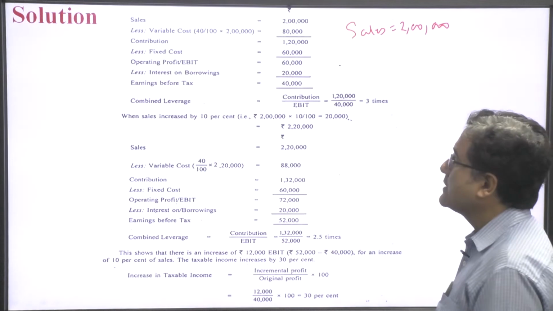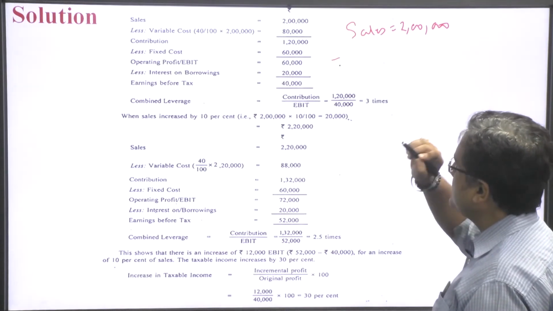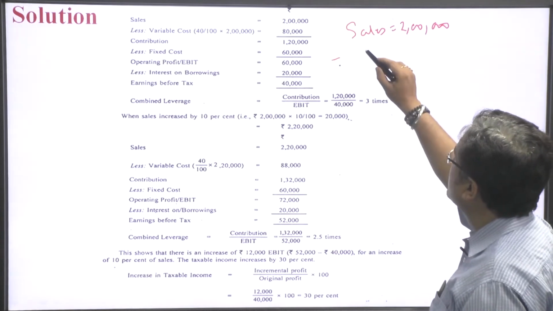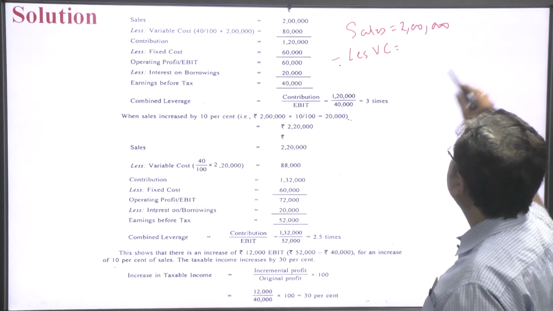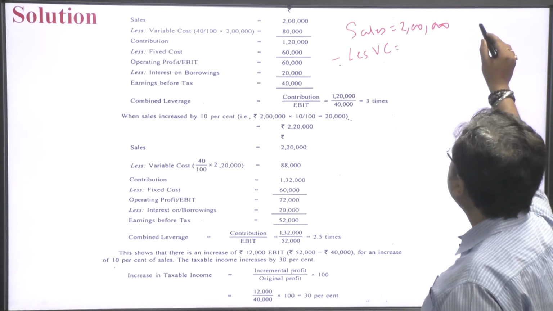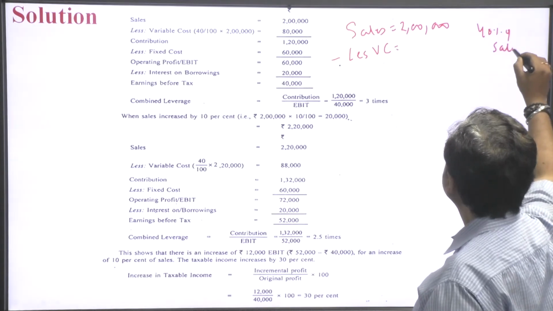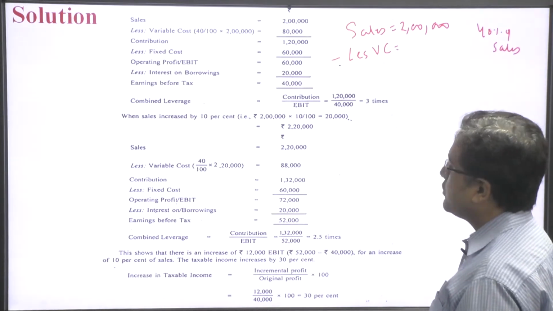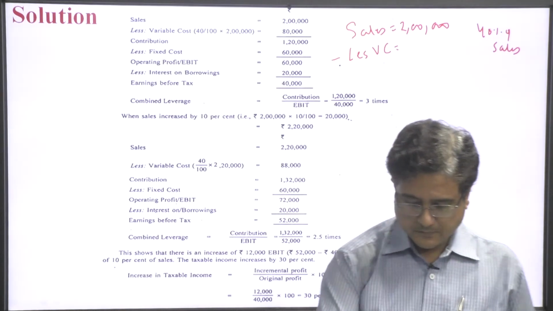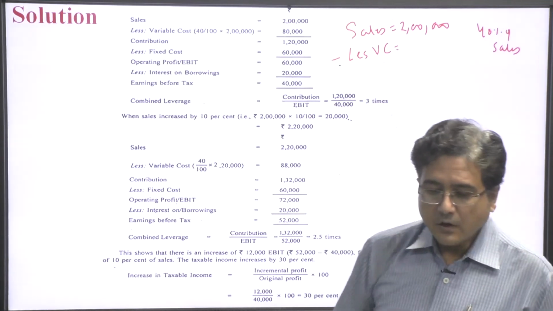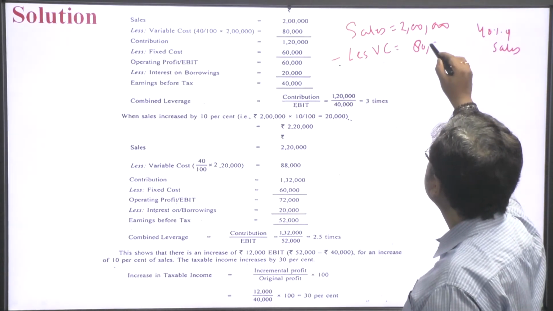Now, to find out the C, we need to subtract the variable cost, and variable cost is 40% of sales. 40% of sales is 80,000, simple.